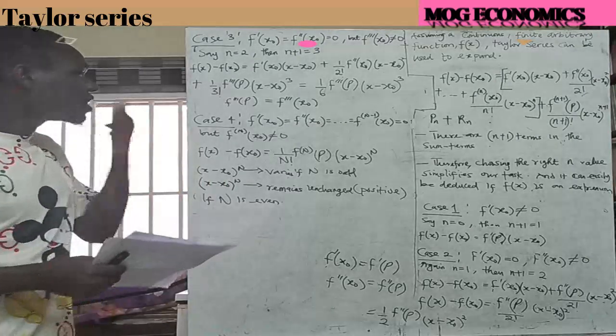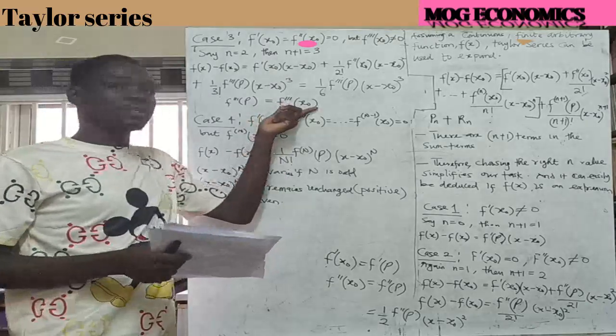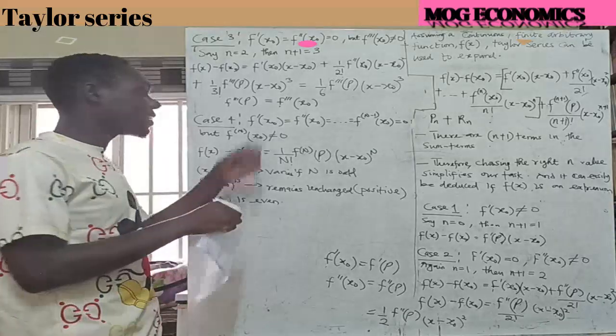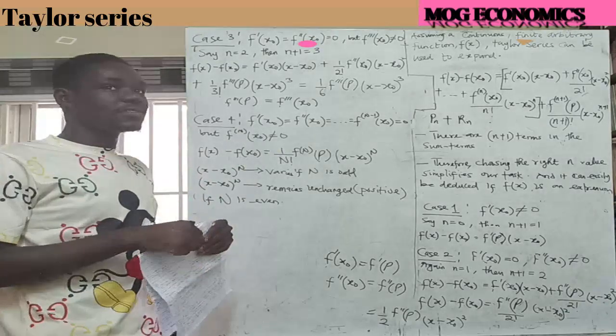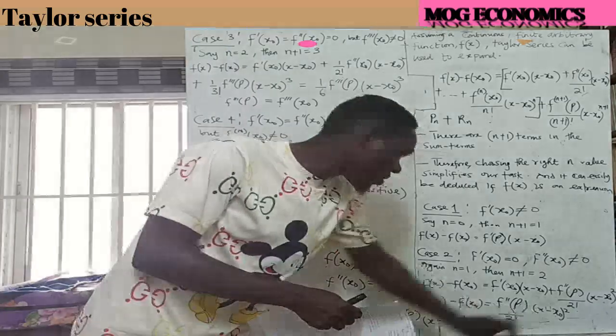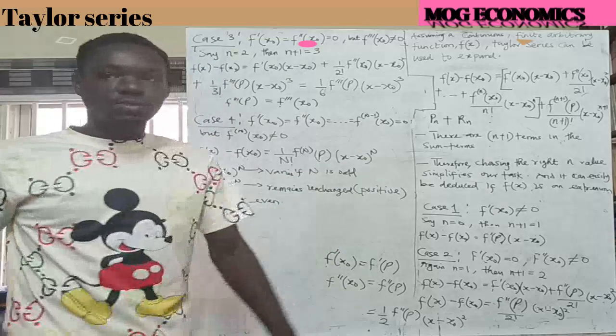But in this case, this is raised to the power of 3, the third order differential, which is an odd number, and in that case, it is not a square, unlike the second case where we could easily decide whether the sign will be positive or negative.